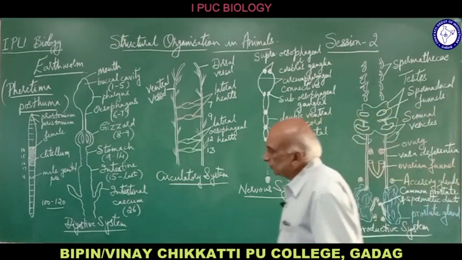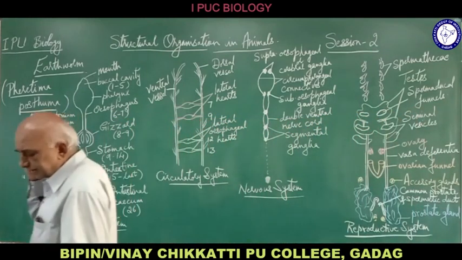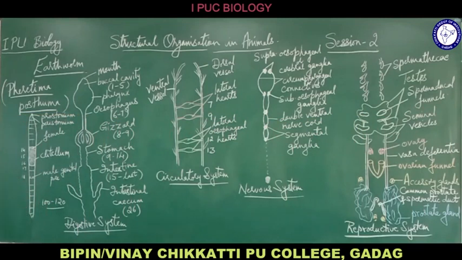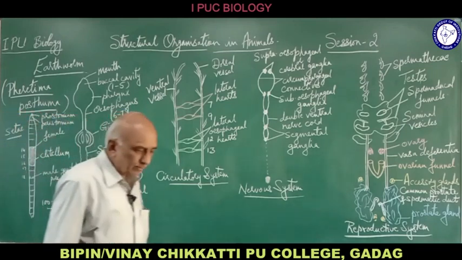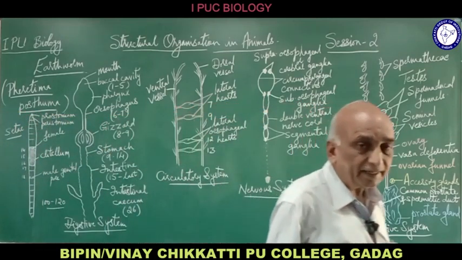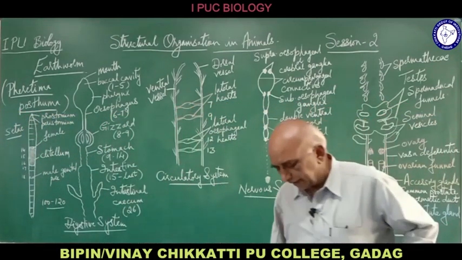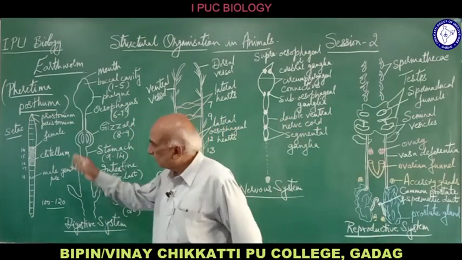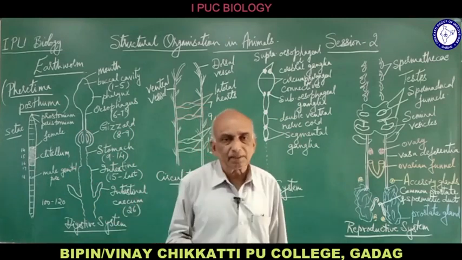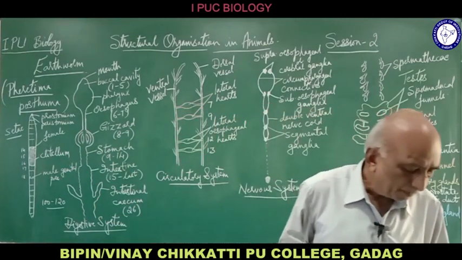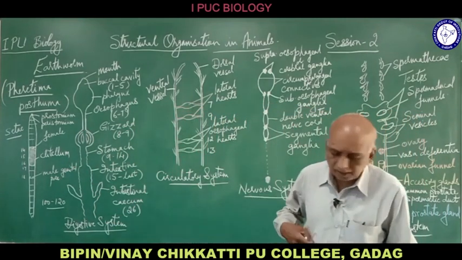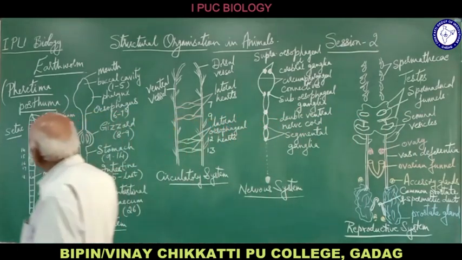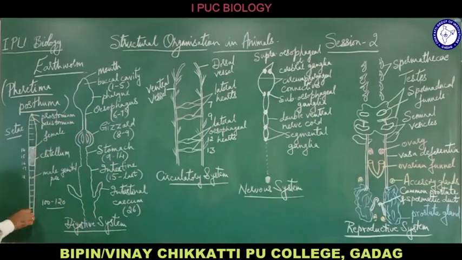In addition to this, there are structures which help in locomotion, called the setae. In every segment there are setae. These setae are locomotory structures. They are found in rows in all the segments, and they are sometimes absent in the clitellum region and in the first and the last segments.